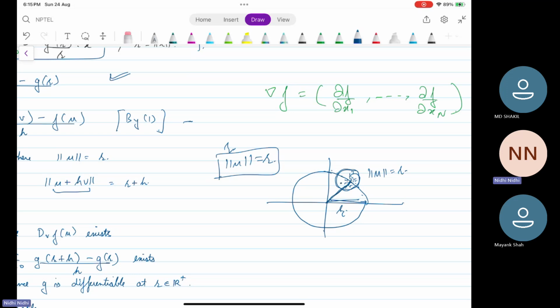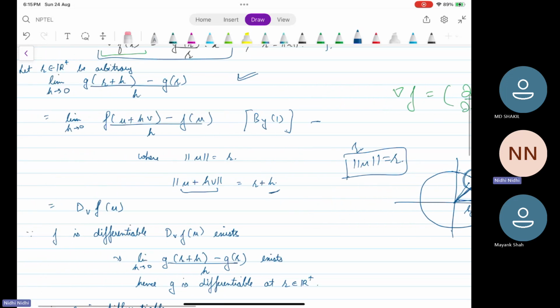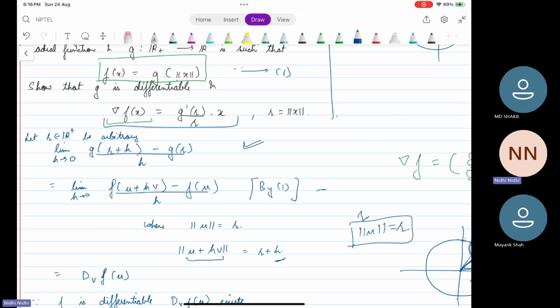If a point is lying here, this is r minus h, r minus some small quantity. If it is lying here, it is r plus a small quantity. This h can be positive and negative; basically, h is tending to 0. So that is why we can write this. Now, since the norm of u plus hv we can take to be r plus h, by equation 1, I can replace g by f.